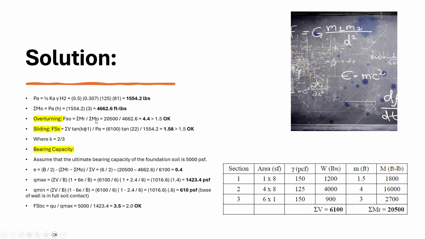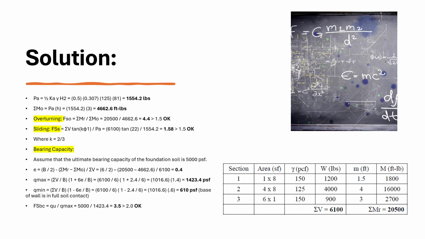If you want to follow this formula, here you have the table. For section 1 you have the area, section 2 you have the area, and section 3 you have the area. You know the unit weight of the concrete and you know the unit weight of the soil, because section 1 and section 3 were wall and footing, so we have concrete, and on section 2 we have the soil on the right of the wall, so the unit weight of the soil was assumed as 125.